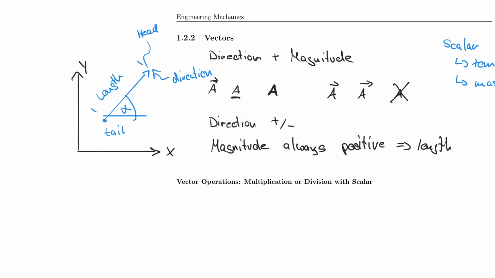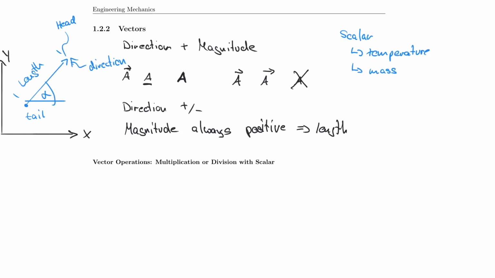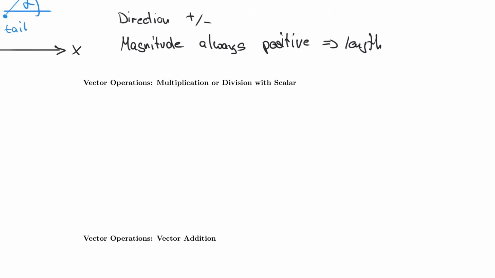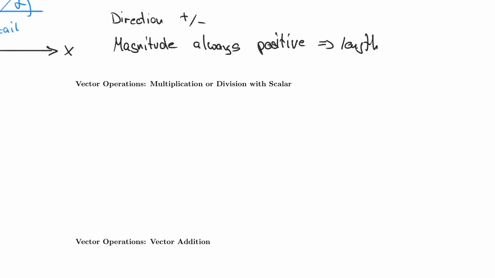All right, so now we obviously recall what vectors are, and we probably also recall the basic mathematical rules. So if you multiply it with a scalar, for example, then let's say you have something like the scalar a times vector a would be nothing else than a times ax, a times ay.